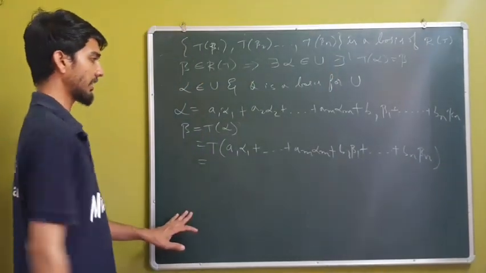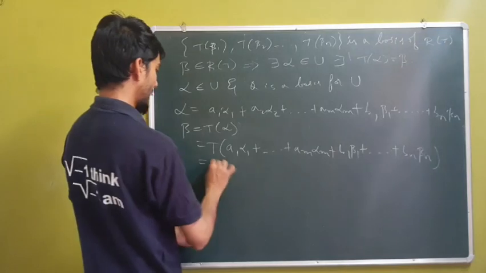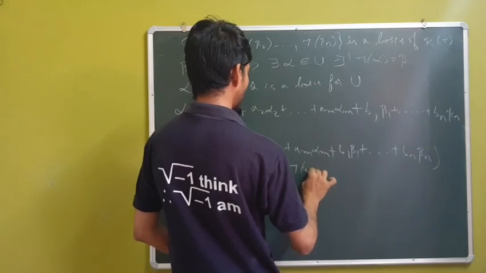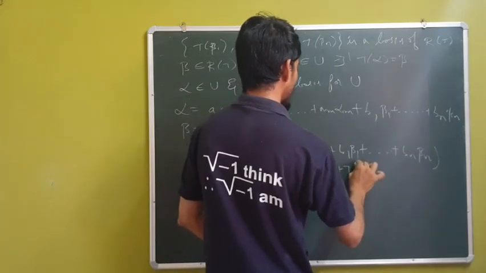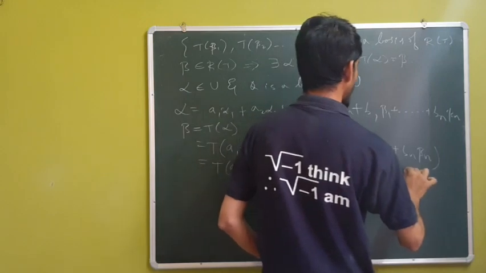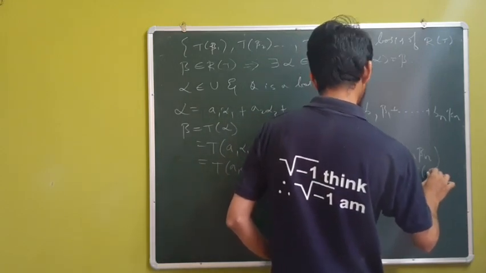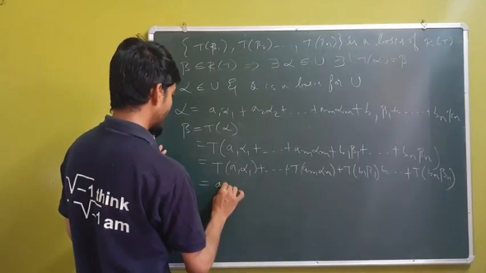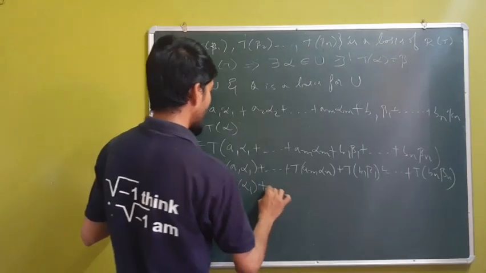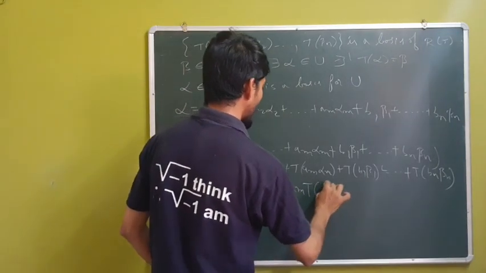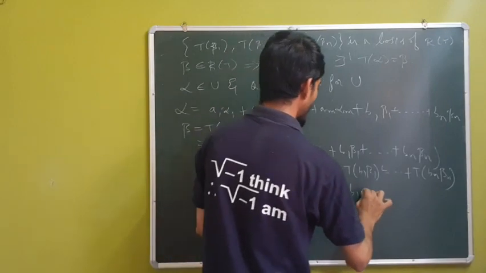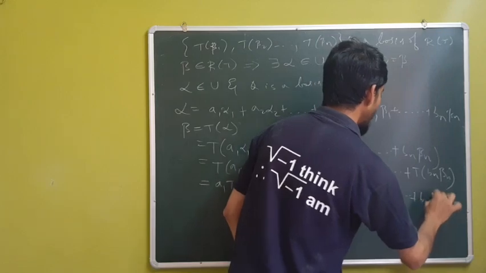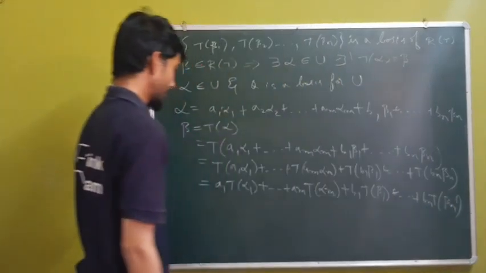And since you know that T is a linear transformation, this is the same as T(a1 alpha 1), and so on, T(am alpha m), T(b1 beta 1) and so on, T(bn beta n). This is again a linear transformation, so this is the same as a1 times T(alpha 1) and so on, plus am times T(alpha m), plus b1 times T(beta 1) and so on up to bn times T(beta n).